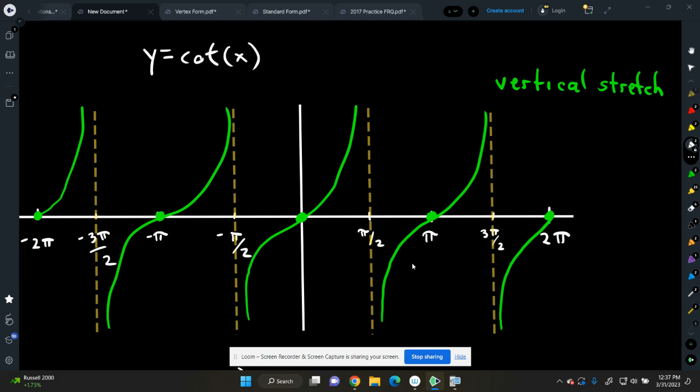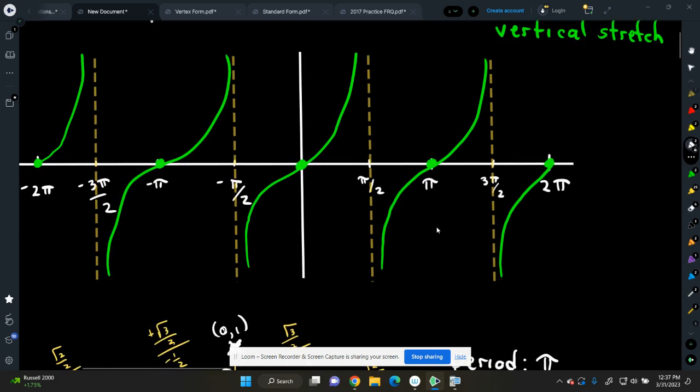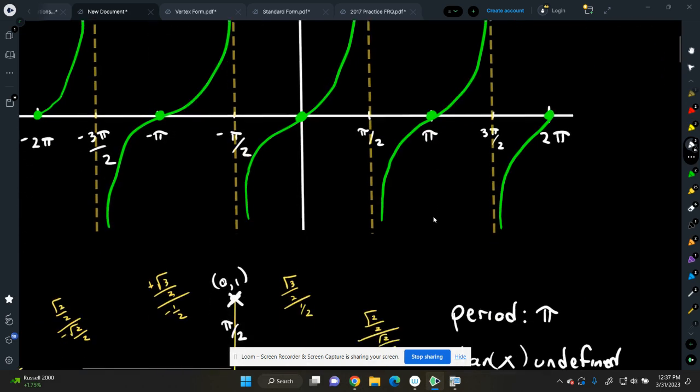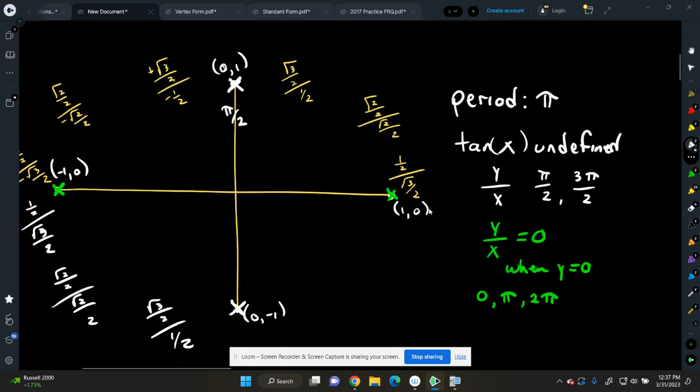So I'm going to just do it in a different color. Let's talk about it. First off, will the asymptotes be the same? Tangent is y over x. What's cotangent? X over y. So will the asymptotes be the same?